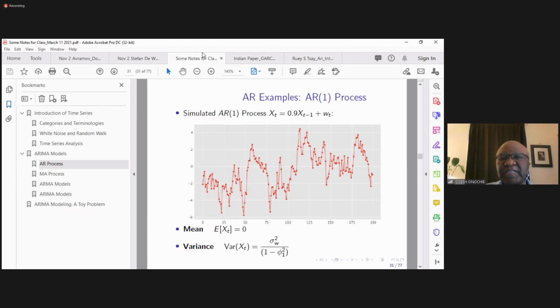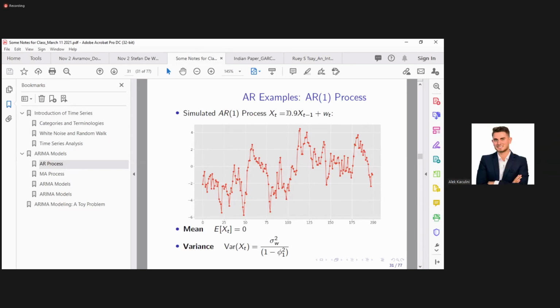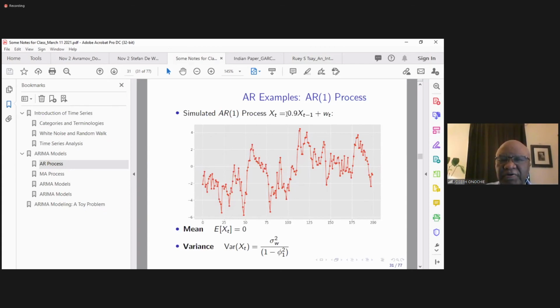For this AR1 process, what is the constant term? 0.9. No, oh, 0. Zero. The constant is 0. Okay. Therefore, the mean of the entire process will be 0. You see that, right? Because it is the constant term divided by 1 minus the coefficient of the lag variable. You understand? Yes.